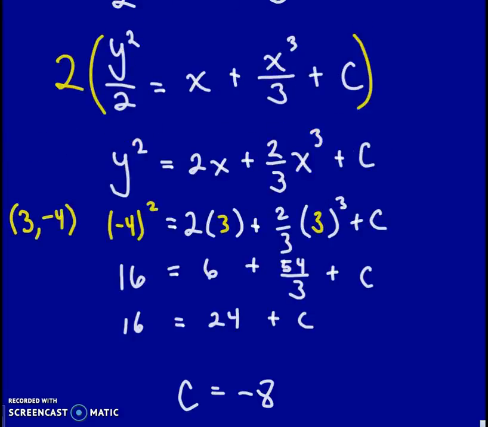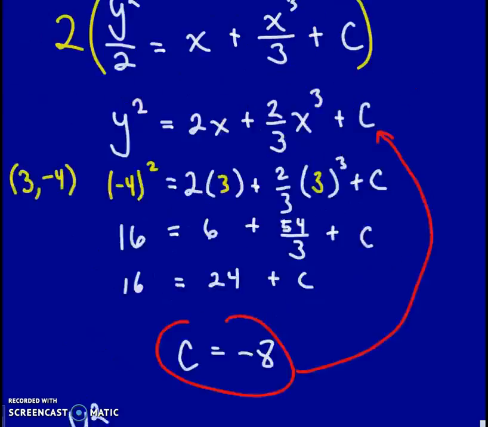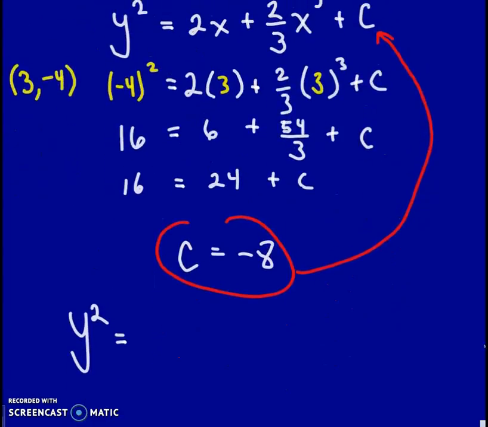We get c is equal to negative 8. Plug that in right here. So we get y squared is equal to 2x plus 2/3 x cubed minus 8.